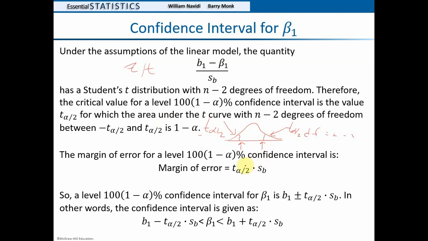This is what I need to multiply the standard error by, t alpha over 2, to get a margin of error. Okay. And then once we do this, here's our margin of error, minus ME. This thing is plus ME. And that's what our margin of error looks like.